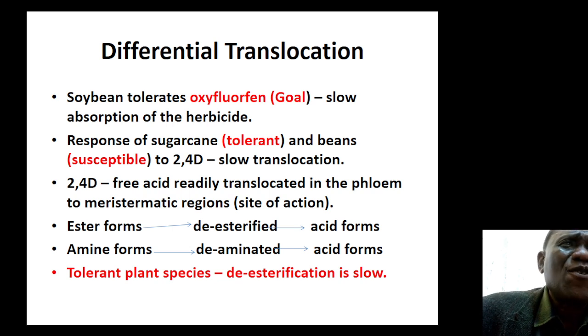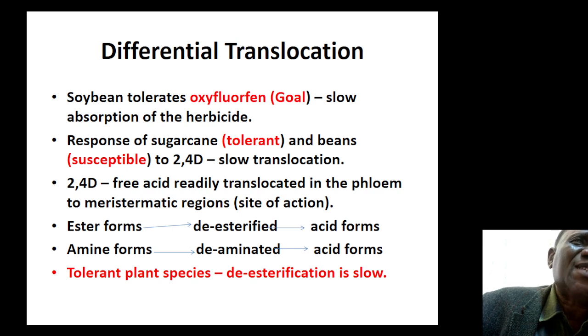From amine form to acid form, it's deamination. So tolerant plant species have very slow processes of conversion, or de-esterification or deamination.